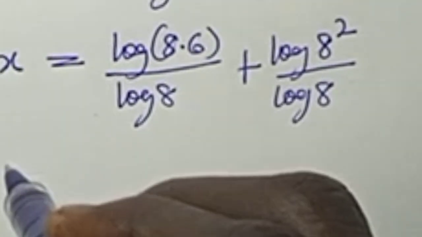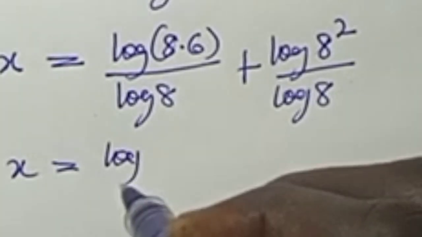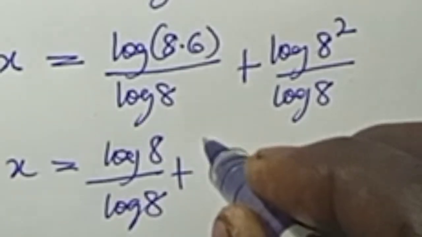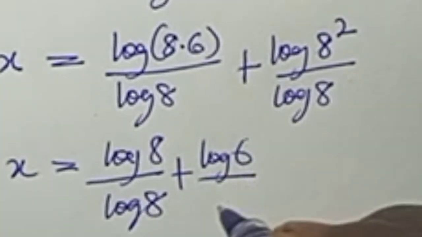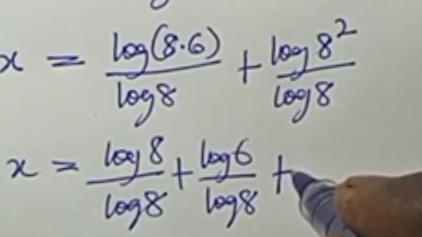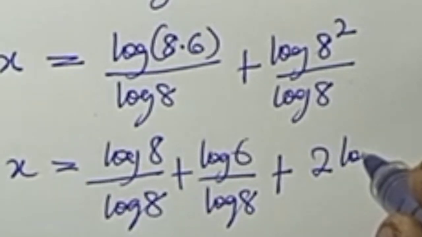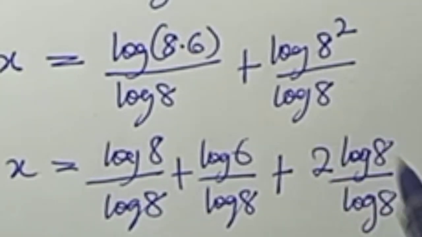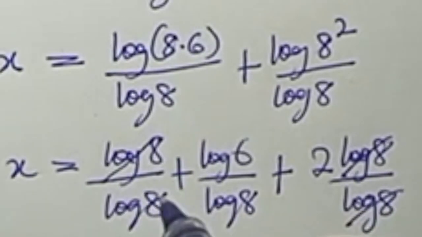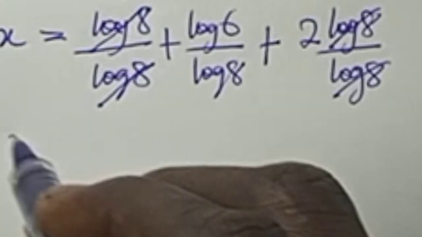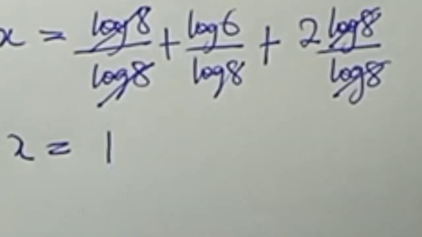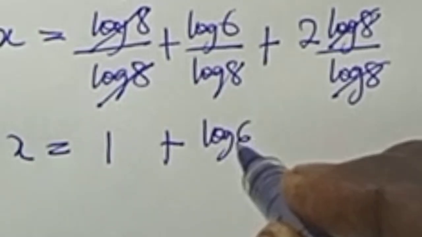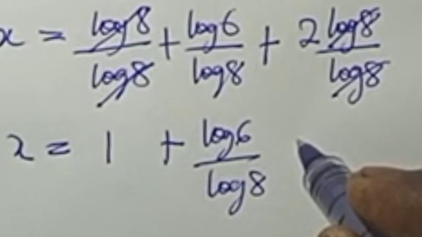So x equals log 8 over log 8 plus log 6 over log 8 plus 2 log 8 over log 8. The power comes down. Here, log 8 cancels out. So the next line, x will be equal to 1, since log 8 divided by log 8 is 1, plus log 6 over log 8 plus 2.